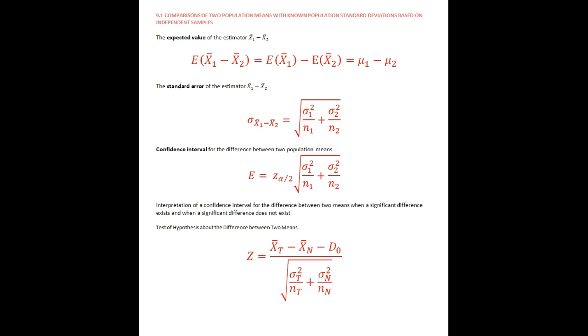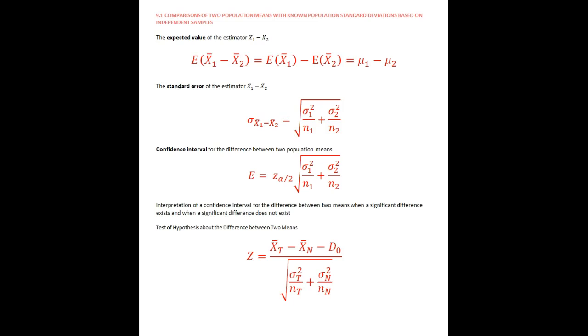So the known versus the unknown in Module 8 was our keyword: when we have a known population standard deviation, we're working with Z. When we have an unknown population standard deviation, we don't have sigma, our population standard deviation, so we have to work with T, right? Because we only have S, our sample standard deviation.